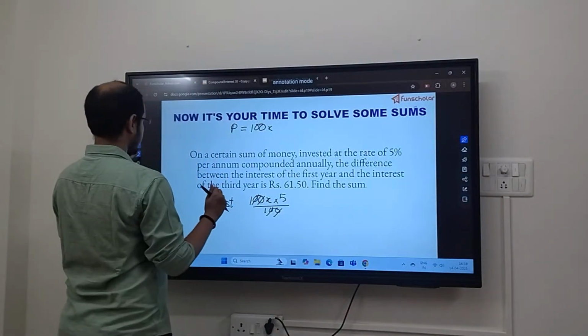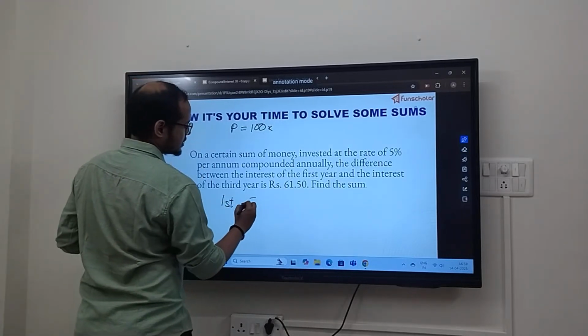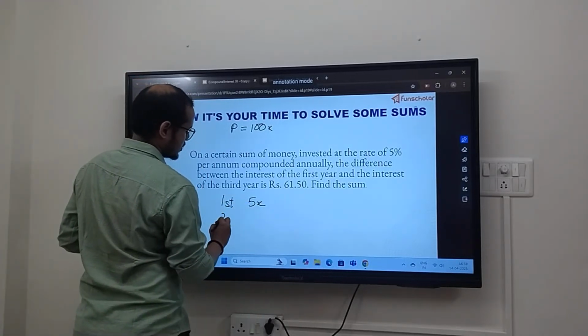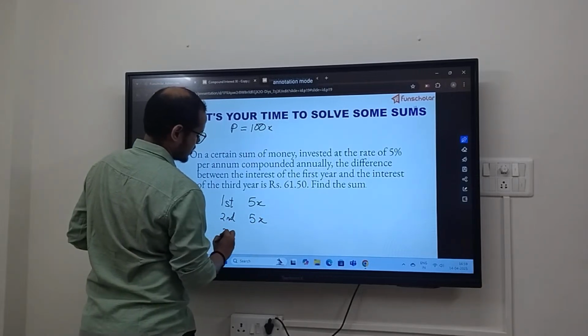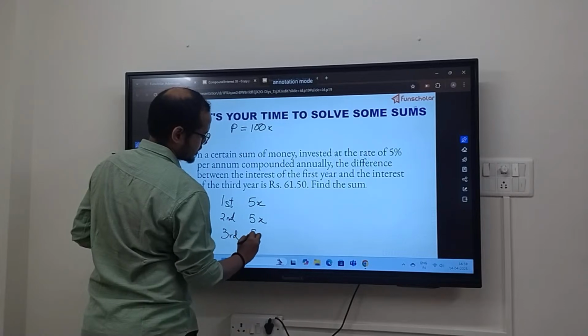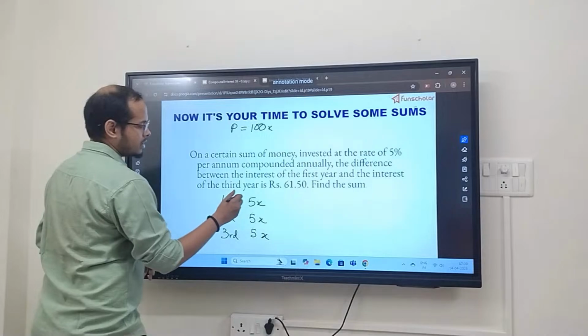So for the first year the interest is 5x. For the second year, it's again 5x. Third year, it's again 5x. Now this 5x, 5x, 5x is the simple interest that we found.